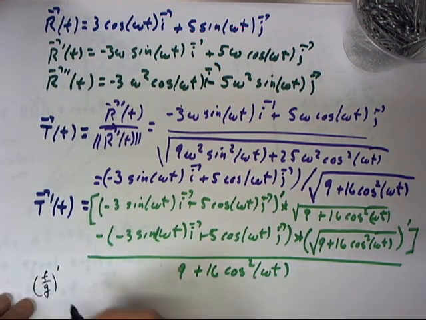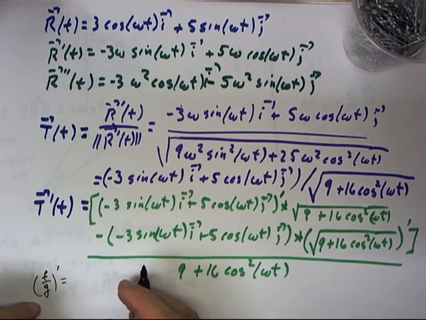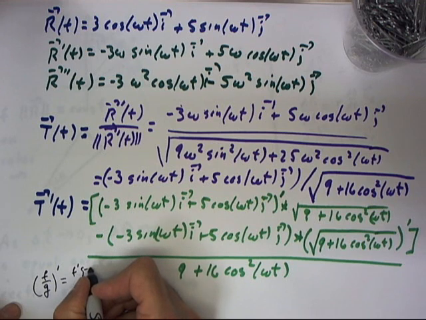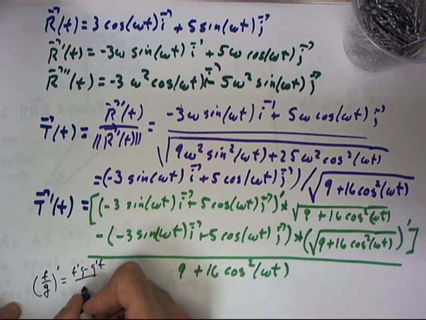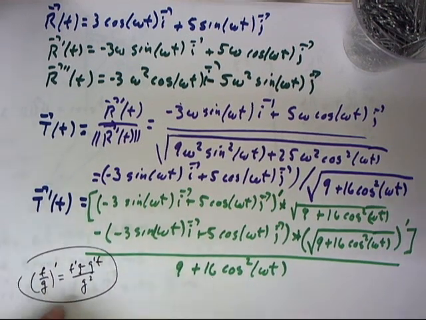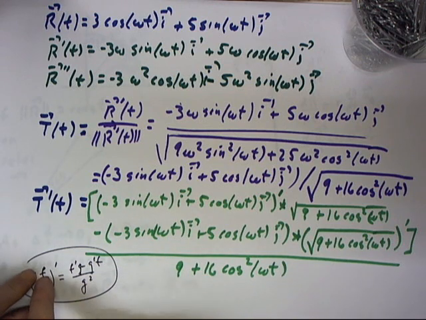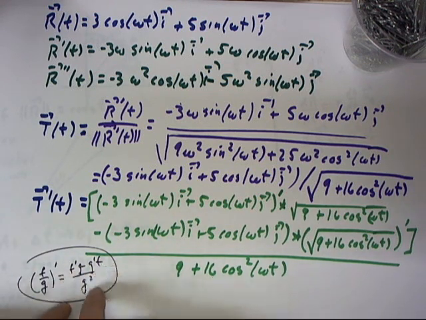The quotient rule for functions of a single variable is just f prime g minus g prime f over g squared, essentially. This rule is applied here where the numerator is a vector function, but it's easy to prove that even if the f here happens to be a vector function, the rule still applies.